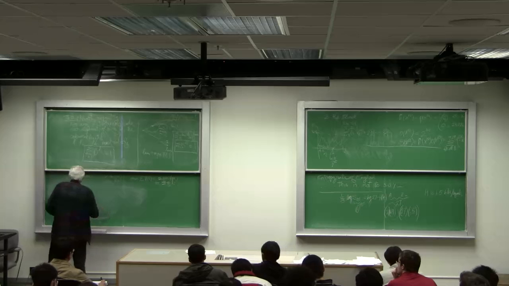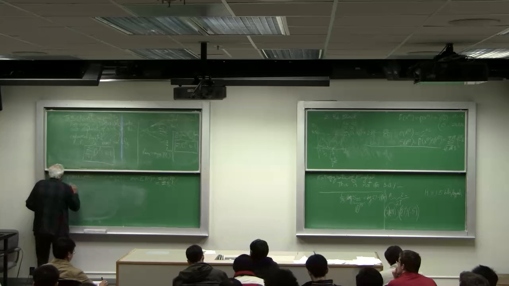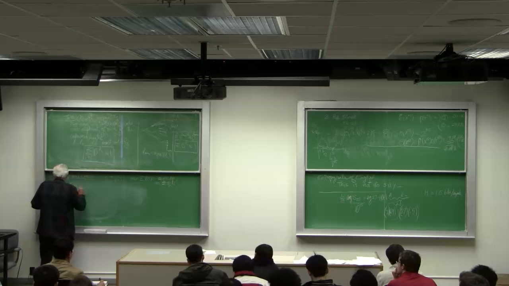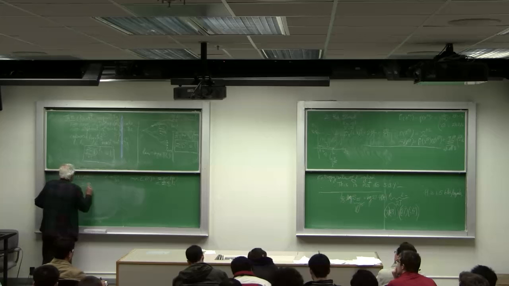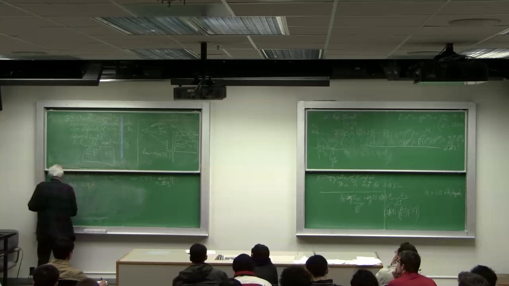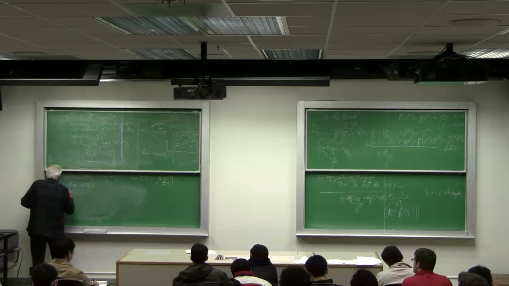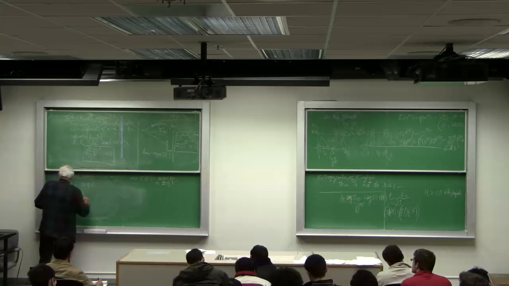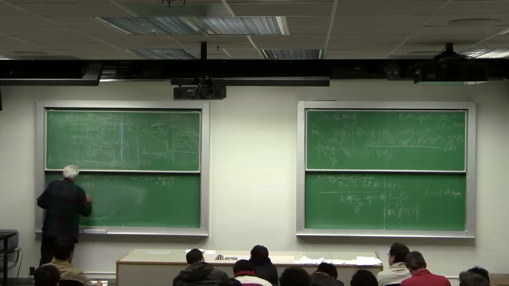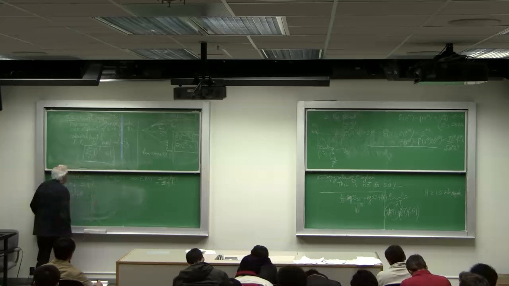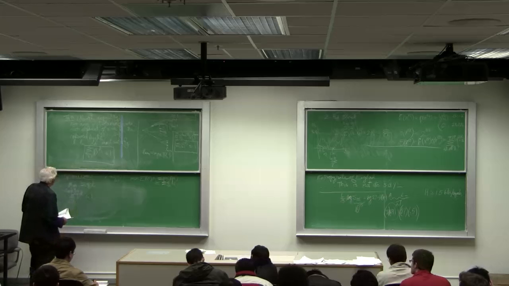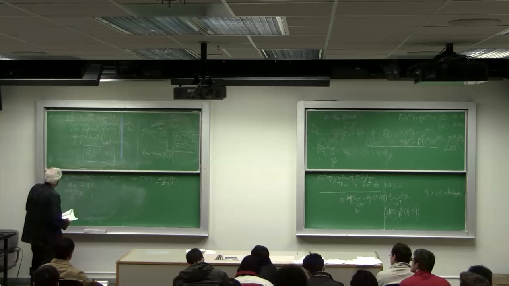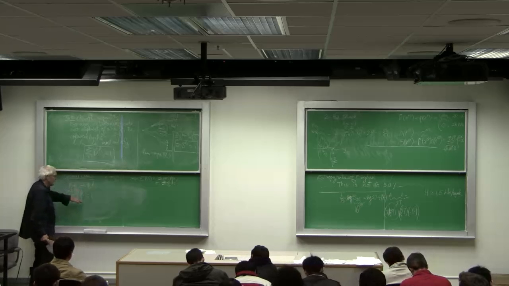So the object is to minimize summation of p_i L_i subject to summation of D to the minus L_i is less than or equal to 1. So it looks interesting and doable.